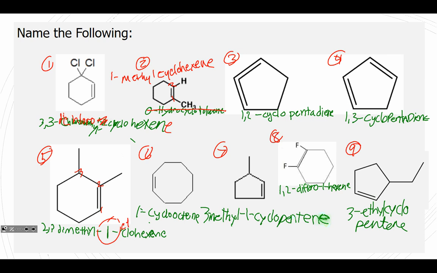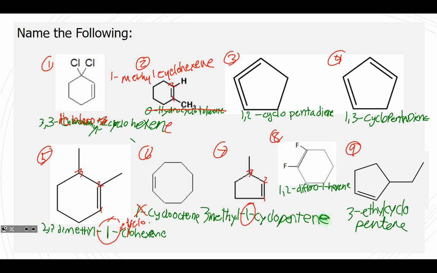Cyclohexene. This one just cyclooctene, and you don't have to put the 1, because wherever the double bond is, we count it. On this one again, 3-methyl, yes. Again, you don't have to write the 1, cyclopentene.